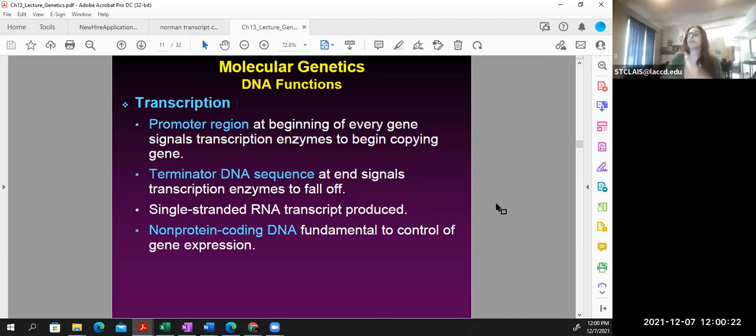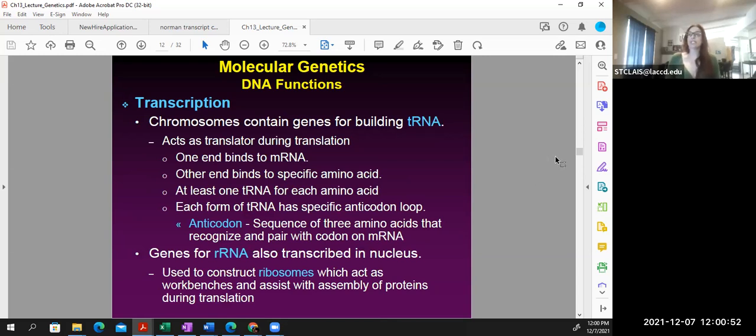Okay, now at the end of the coding sequence is a terminator DNA sequence. At that point, the transcription enzyme, which is the RNA polymerase, is going to detach from the molecule. So we have a clear sign of where the beginning is and where the end is. All right, so a lot of the non-protein coding DNA is responsible for gene regulation.